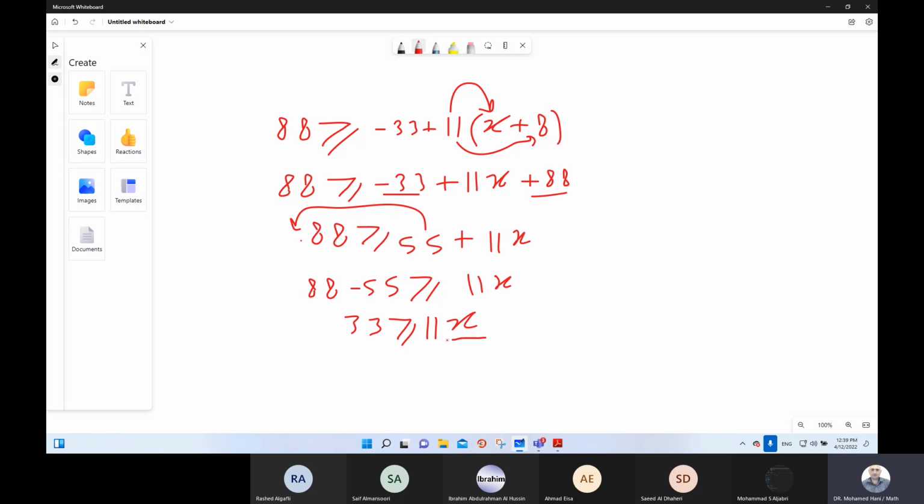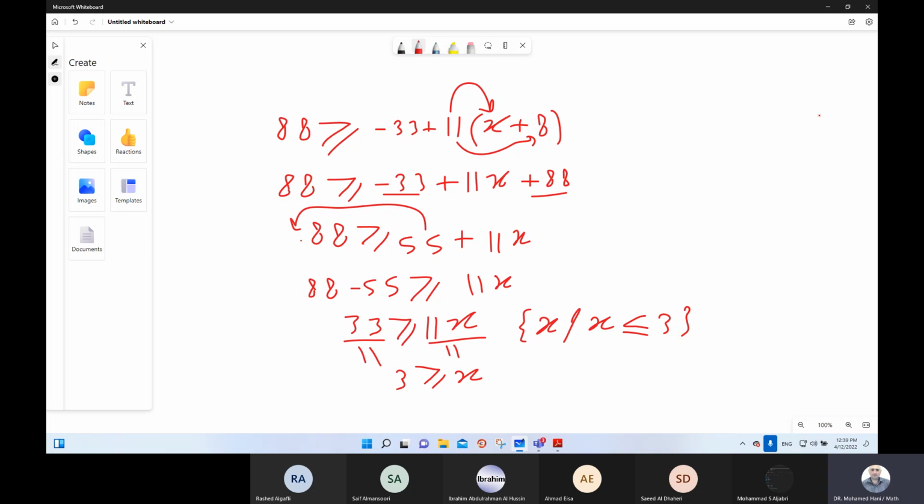To remove 11, you can divide here by 11 and divide here by 11. So 11x divided by 11 is x, and here keep the same sign, and here 33 divided by 11 will be 3. So x less than or equal to 3. So the set of solution is x such that x less than or equal to 3.